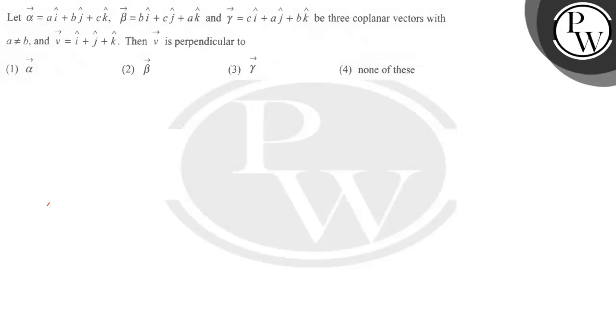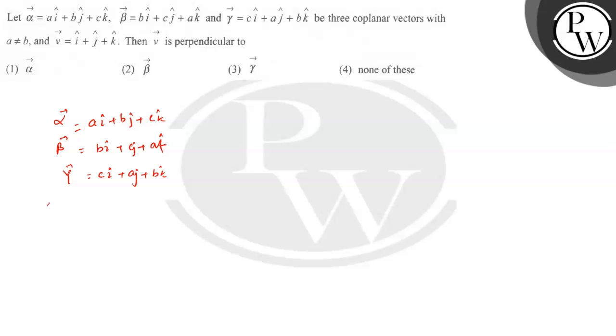Okay, so alpha vector is given as a i cap plus b j cap plus c k cap. Beta vector is given as b i cap plus c j cap plus a k cap, and gamma vector is given as c i cap plus a j cap plus b k cap.